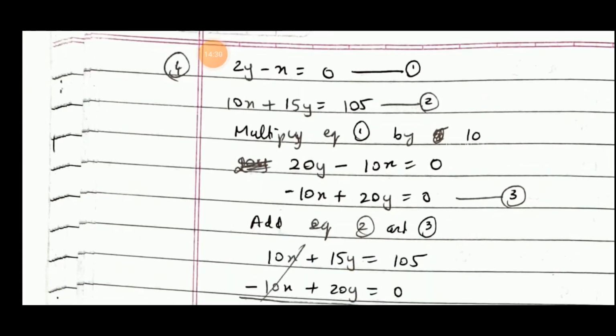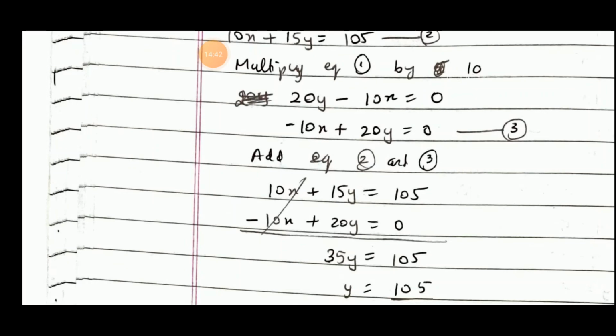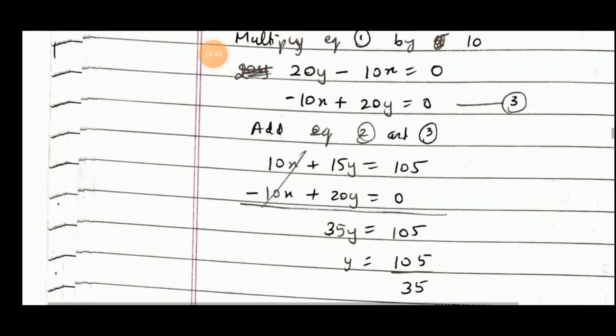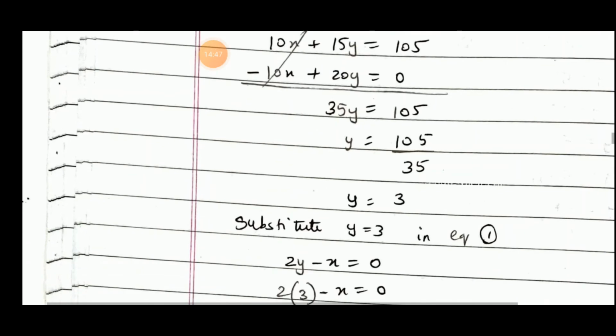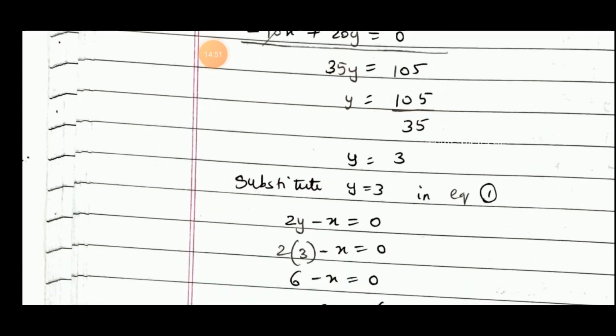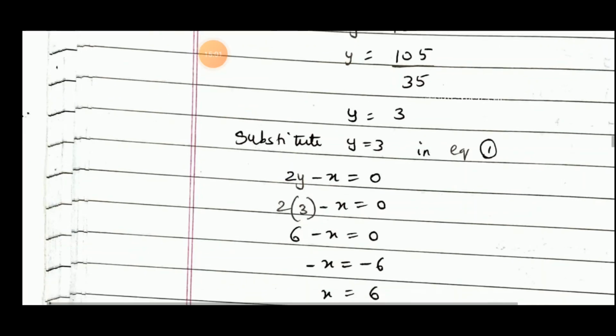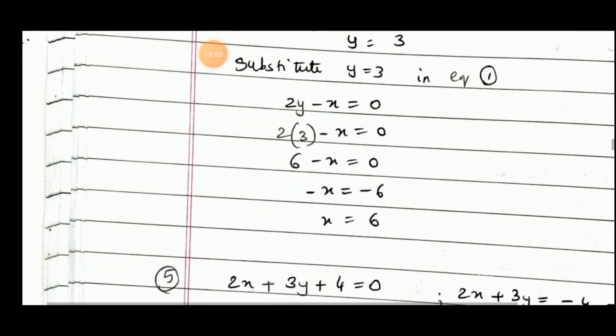So adding this second and the third one, plus 10x minus 10x cancels, 35y is equal to 105, y will be equal to 105 upon 35. So y will be equal to 3. Now substitute y is equal to 3 in equation 1, 2y minus x is equal to 0. So 2 into 3 minus x is equal to 0. 6 minus x is 0. x will be equal to 6.